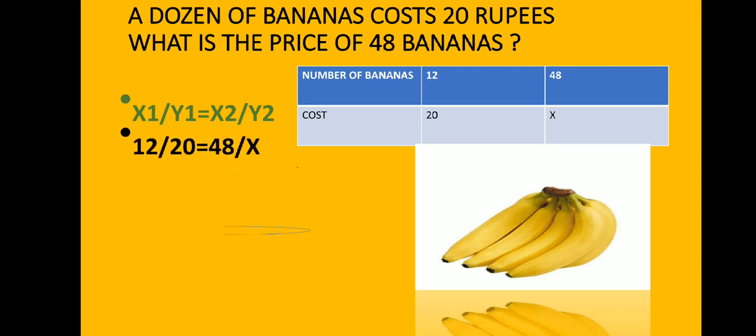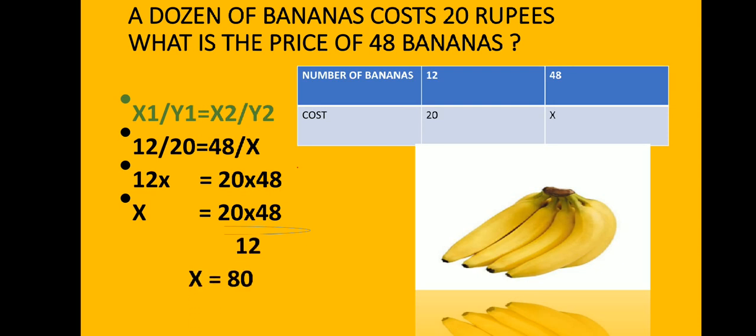Here X1 is 12, Y1 is 20. 12 by 20 equals 48 divided by x. 12x is equal to 20 into 48. You find out x: 20 into 48 divided by 12, you will get the answer x equal to 80.